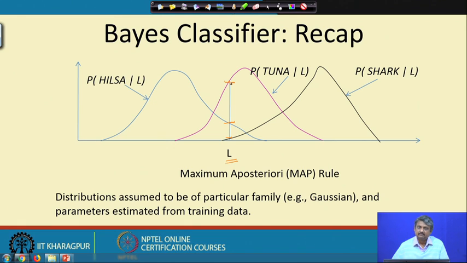But we also observed that in practice, because of the finite sample size, we do not have an infinite number of training samples, so we cannot exactly know or estimate the distributions. We have some error in estimation. There are several techniques: we assume them to be Gaussian, then we find that the boundaries are linear or parabolic, or we assume independence between the different attributes and use the naive Bayes.